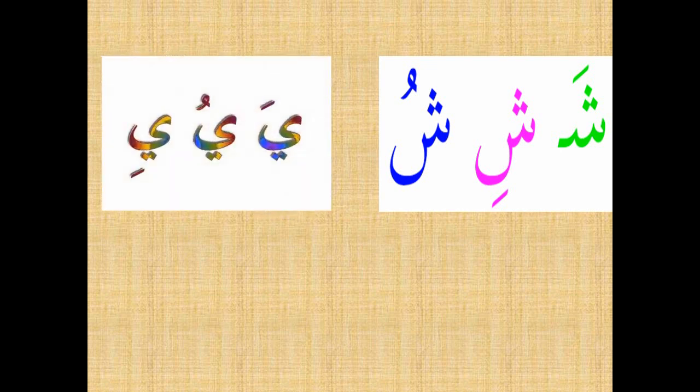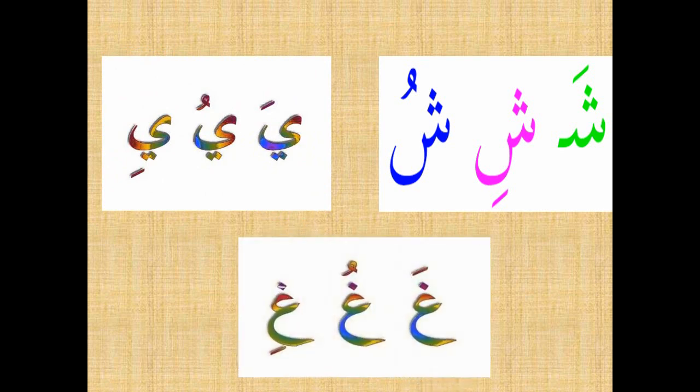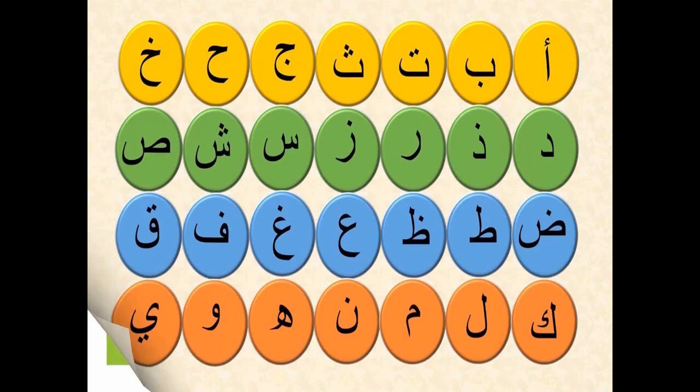This is ya, yu, ye. Ra, ru, ri. So here you can practice. You can go back to the Arabic alphabets and choose different ones randomly. You can write above them different vowels that we have just seen, and you can pronounce them as a practice.